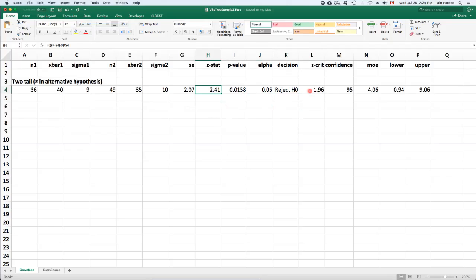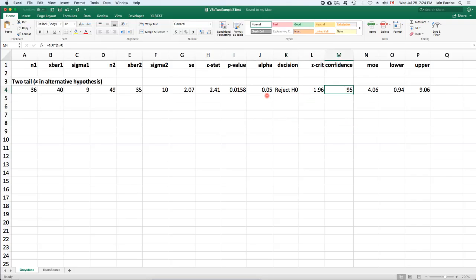It lies to the right of 1.96, so it's in the right-hand tail, the upper rejection region. So we reject the null hypothesis. So whether you use the p-value or the critical value, you'll reach the same conclusion, rejecting the null in this case.